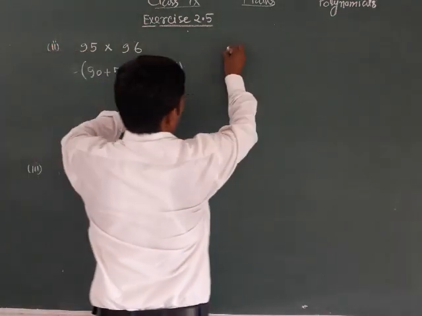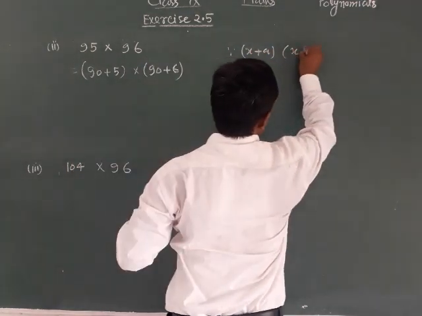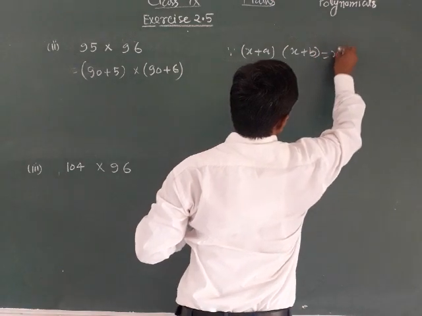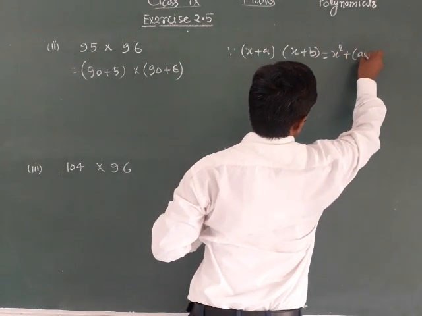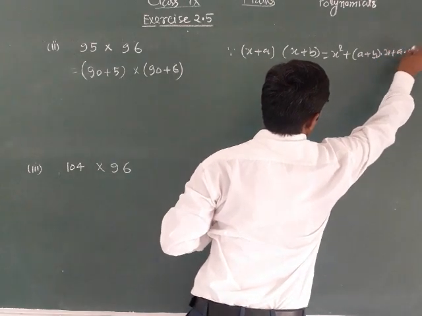Since we know that x plus a and x plus b is equal to x square plus, in bracket, a plus b into x, plus a into b.